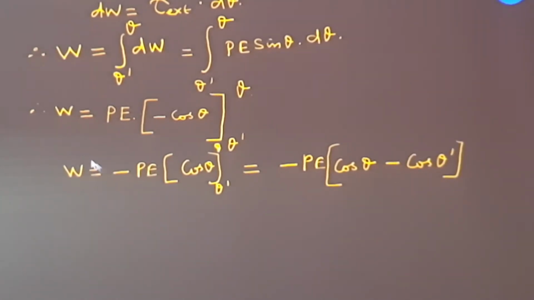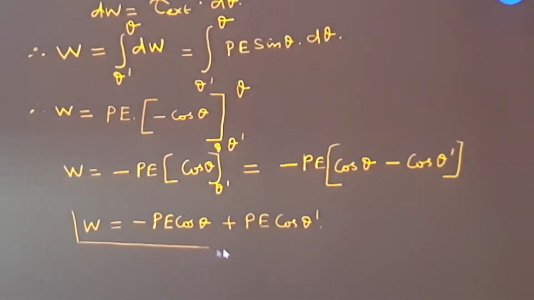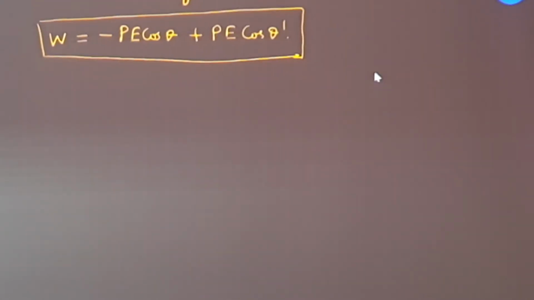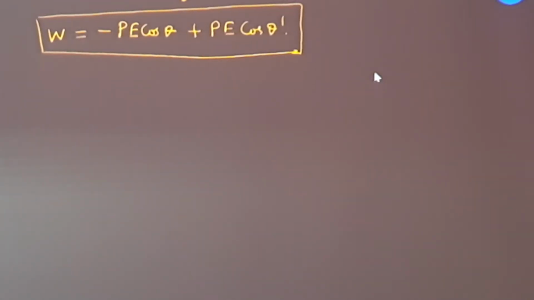Now how can you write this again? The work done W is equal to, when you multiply this, minus PE cos theta, then minus into minus gives plus PE cos theta dash. So this is the work done on the dipole when it is rotated from the initial position theta dash to the final position theta. But still we can rearrange this.